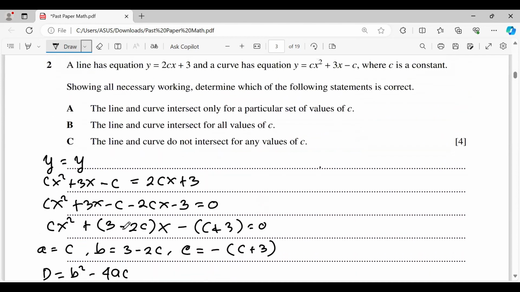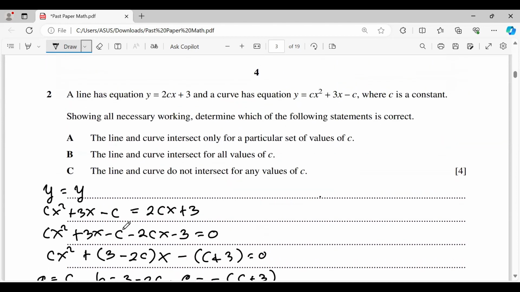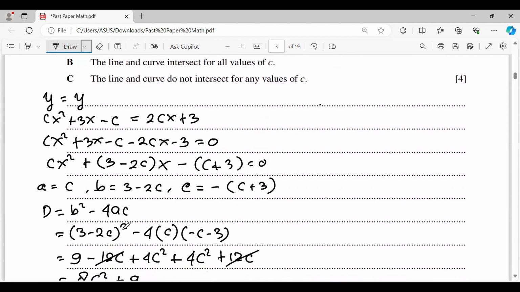Now, for statement A, the line and curve intersect only for a particular set of values of c.